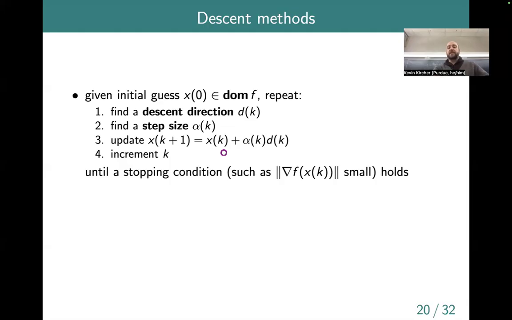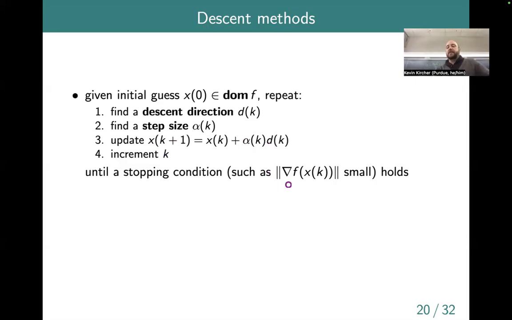You find both of those, and then you update the iterate: the new iterate is the previous one, the starting point, plus the step size times the direction. And then we just repeat. So basically all of the work in this algorithm is finding the descent direction and finding the step size.